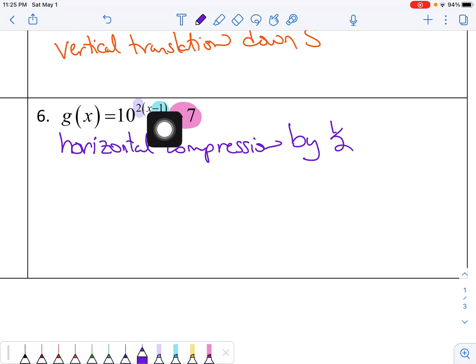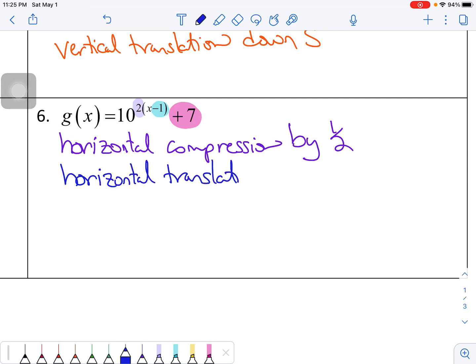All right, the other 2 we've dealt with, right? X minus 1, we know what to do there. The +7, again, we should know what to do with that as well, but let's double check. So x minus 1 here is going to be a horizontal translation. Remember, that's just a fancy name for shift.